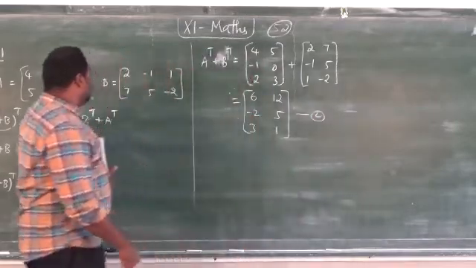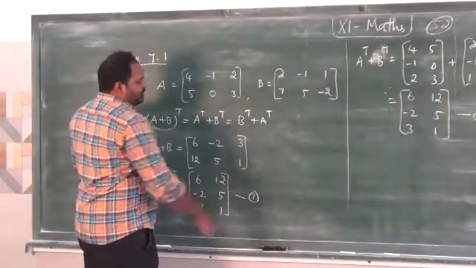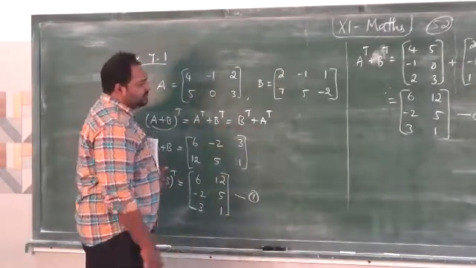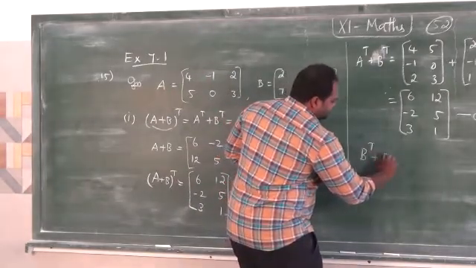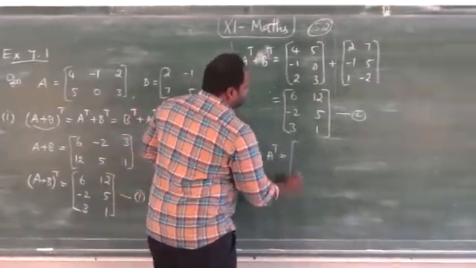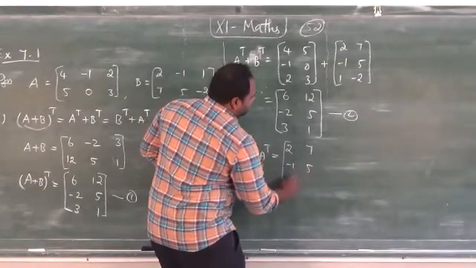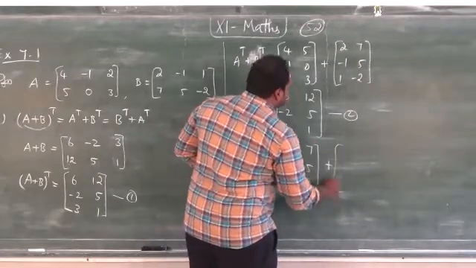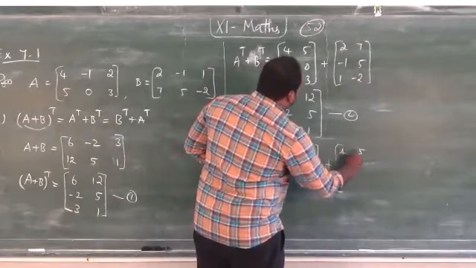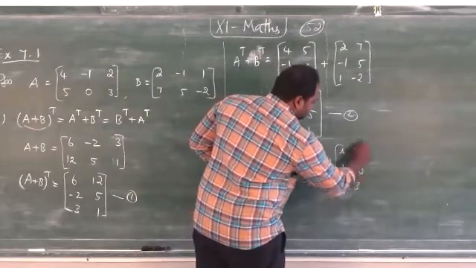So the left hand side and right hand side we have found out. Another one, B transpose plus A transpose, we also have to find out. B transpose plus A transpose equals B transpose 2, 7, minus 1, 5, 1, minus 2 plus A transpose 4, 5, minus 1, 0, 2, 3.